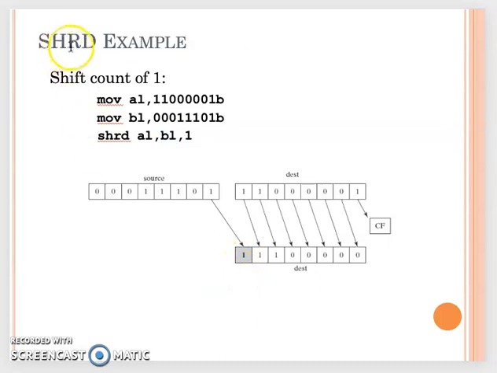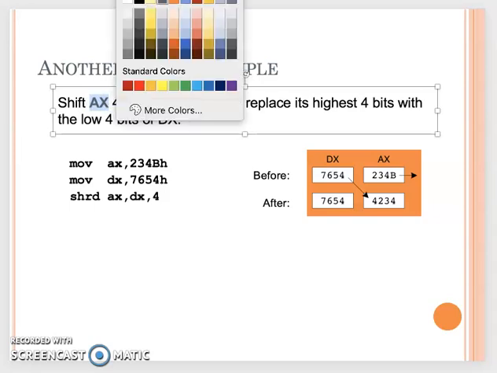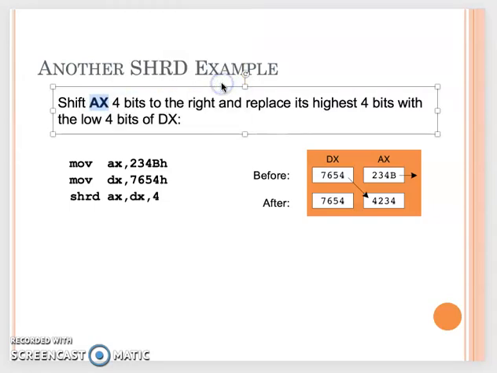So that's the SHRD. With SHRD, we can again use 4 bits to show it in the hex value. If you want to shift AX 4 bits to the right, you replace the highest 4 bits with the lowest 4 bits of DX.